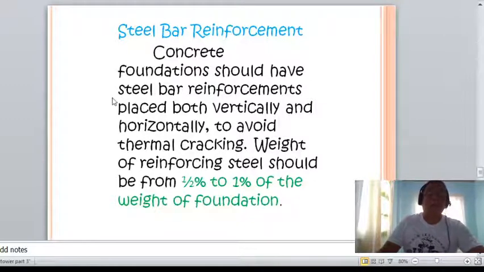The weight of reinforcing steel should be from 0.5% to 1% of the weight of the foundation. If you know, class, the weight of the foundation, multiply it by 0.005 or 0.01 in order to determine the weight of steel bars.